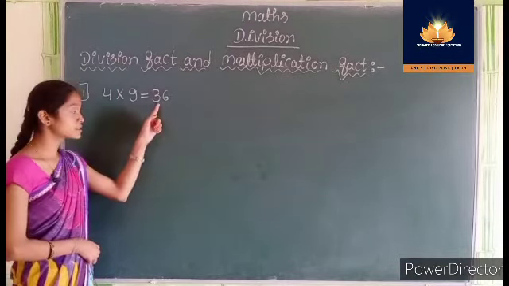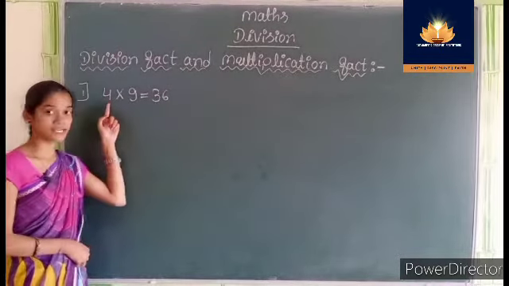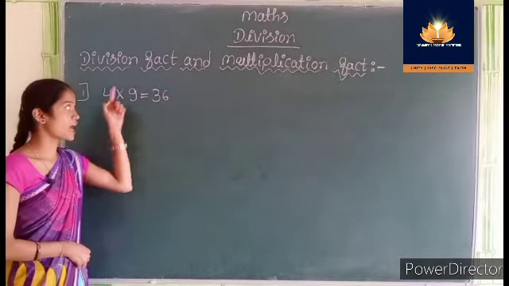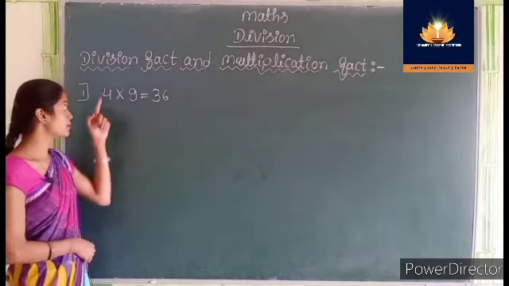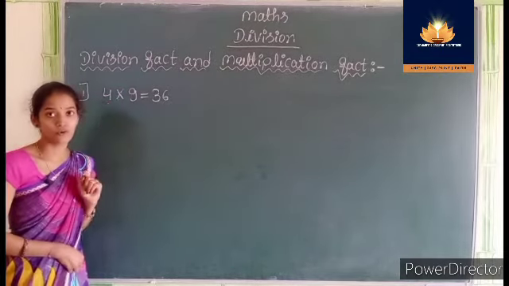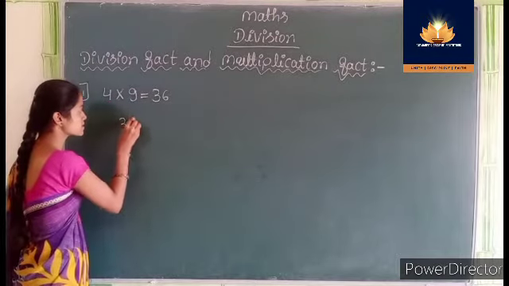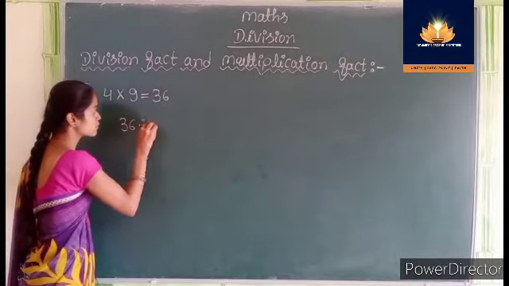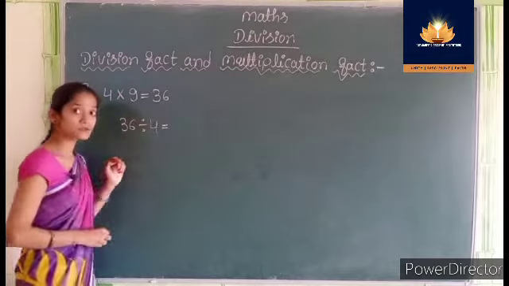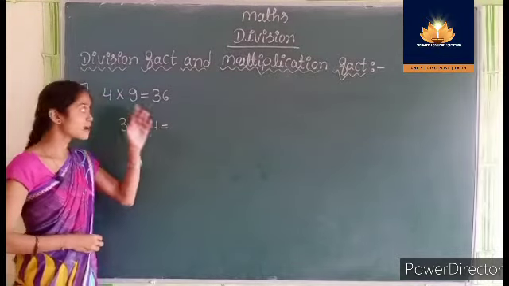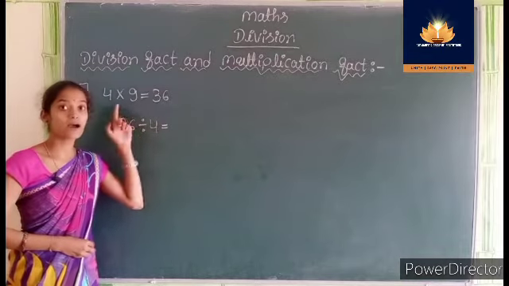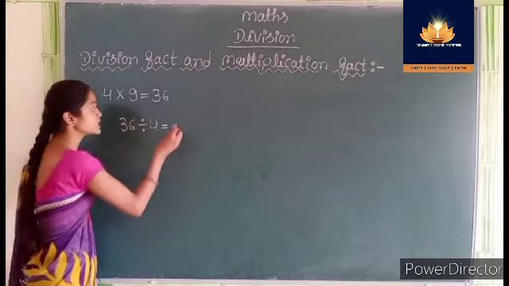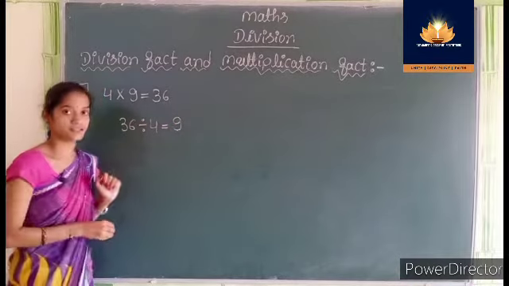So, product divided by multiplicand. Here we have the product as 36 and multiplicand, that is 4. 36 divided by 4 is equal to, then we get the answer as multiplier, right? So here 9 is the multiplier. We will get 9 as answer.